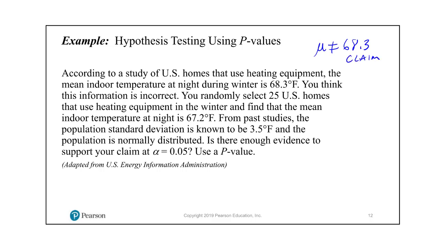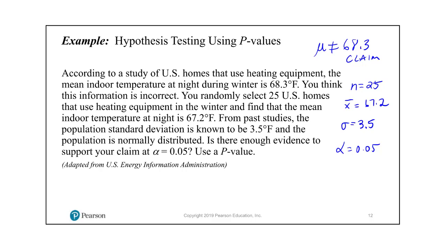You randomly select 25 US homes, so n is 25, that's the sample size. From that sample, you find the sample mean to be 67.2. The population standard deviation, sigma, is known to be 3.5. The population is normally distributed, and can you support the claim at alpha equals 0.05? Okay, we've amassed our information there.